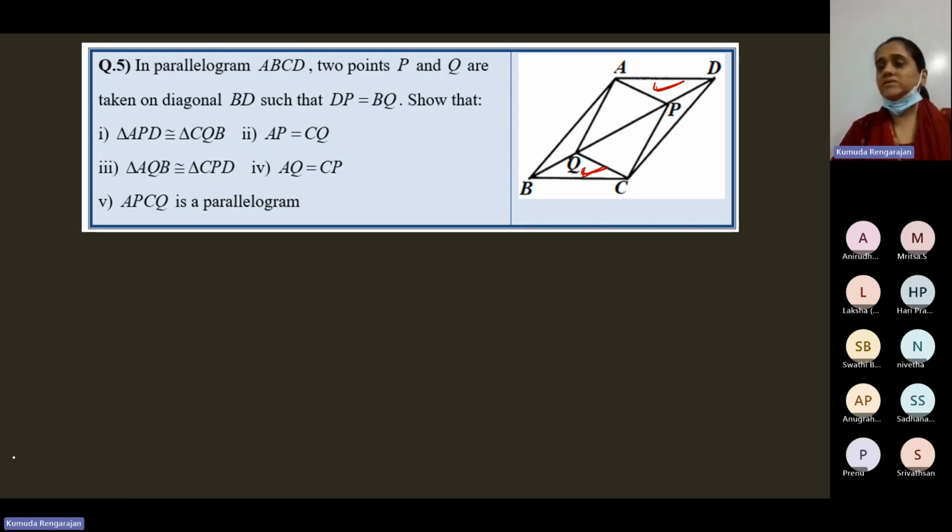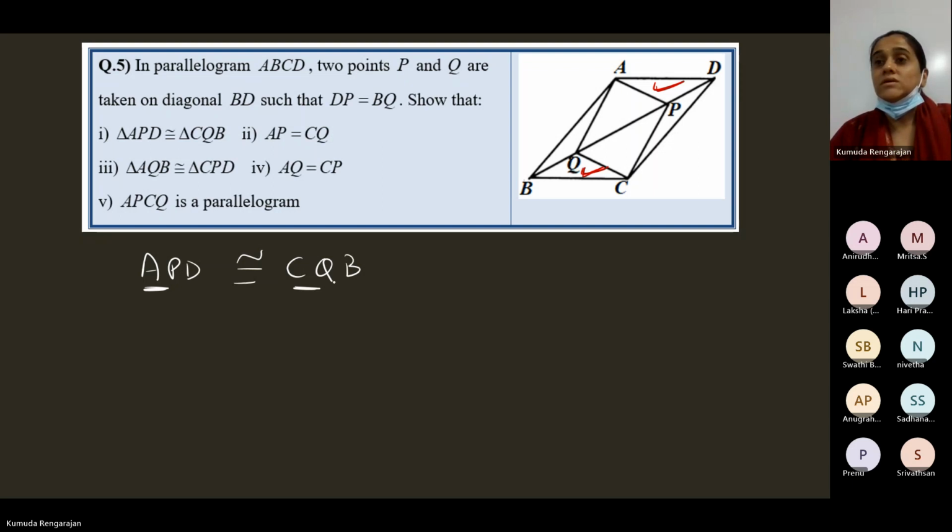One of the easiest ways is, even if you can't think, you can check like this. Is AP equal to CQ? Ask yourself, can we write AP equal to CQ, children?